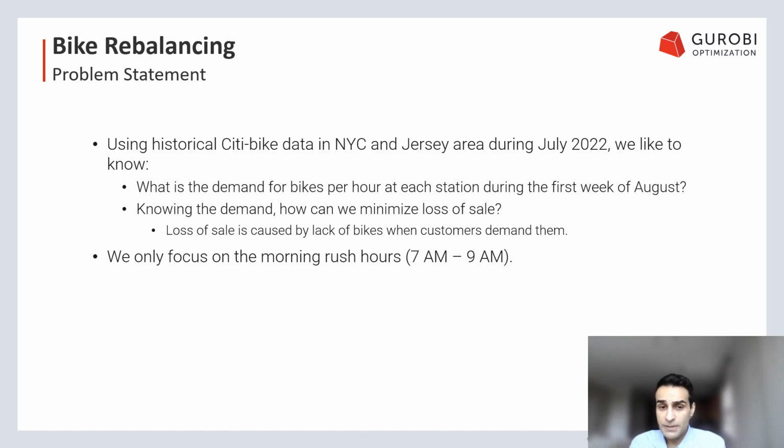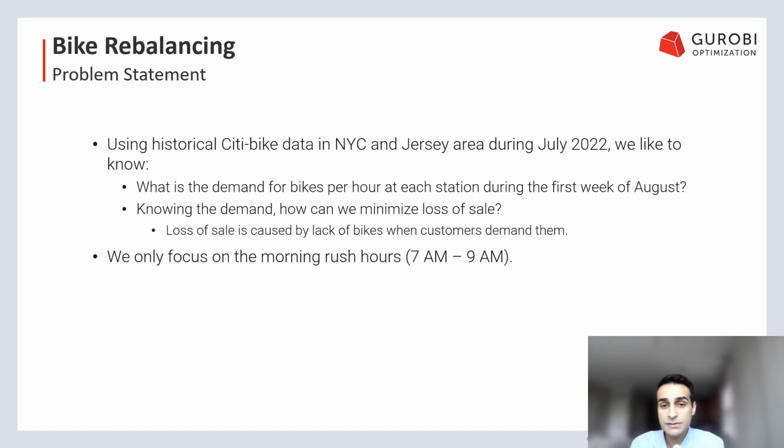Now that we know the setup, what we are interested in is this. We want to use the historical data, the data from July of 2022 in New York City and Jersey City. And using this data, what we are interested in is to see what is the demand for bikes per hour per station. So we want to look at the data from July and then see, is it possible for us to predict the demand for the first week of August?